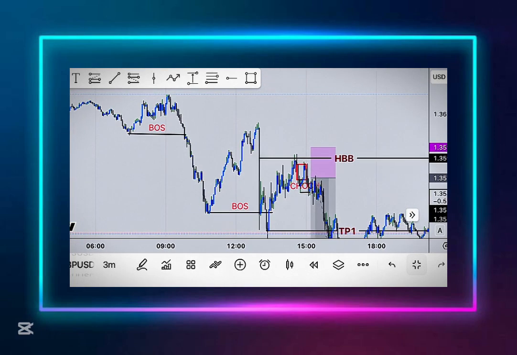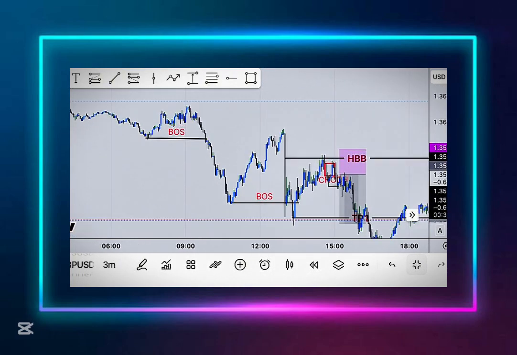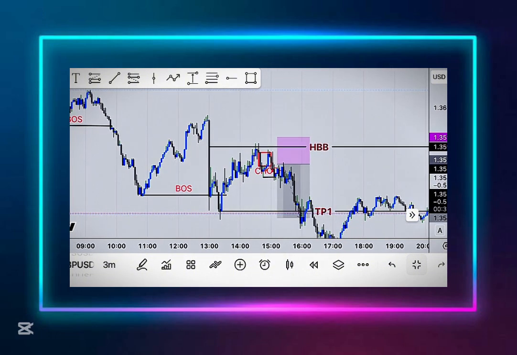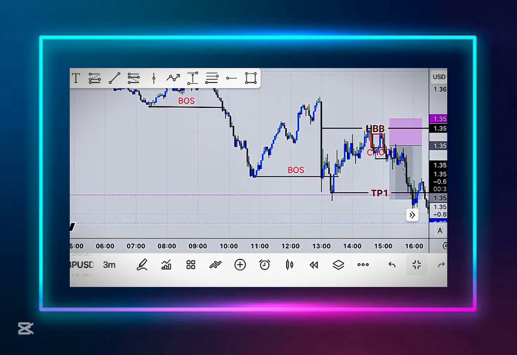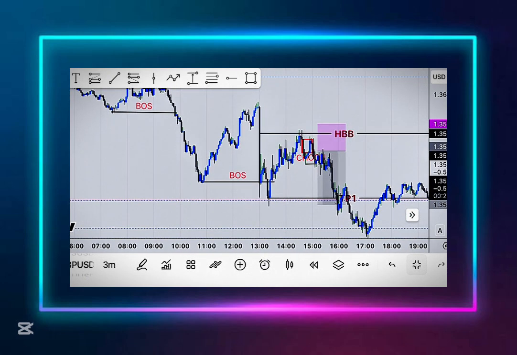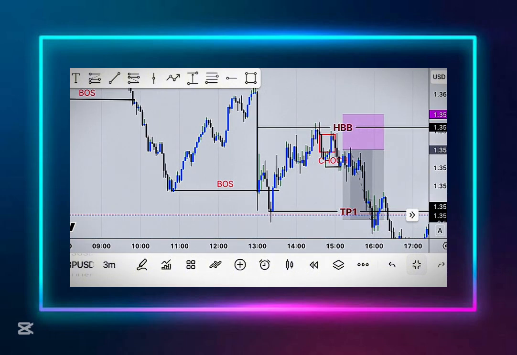Understand how the market works, how market structure works. It's very simple. This is how it works. This is an example of market structure. A real example of market structure is what happened today. And I hope you get it. I hope you understand it. You don't chase price. You wait for price to come to your area.